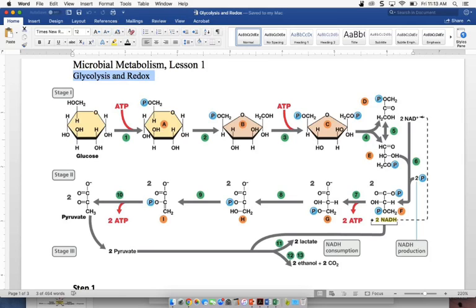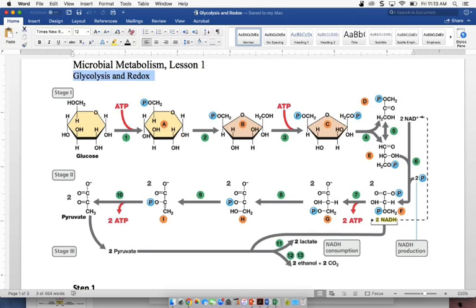You can yell out the numbers as they appear on the sheet if you want to. Sally, can you identify one? Step 1. Exactly. We've got ATP, and it's going to donate one of its phosphates to glucose to form this molecule here, which is known as glucose 6-phosphate. That's absolutely a substrate level phosphorylation.